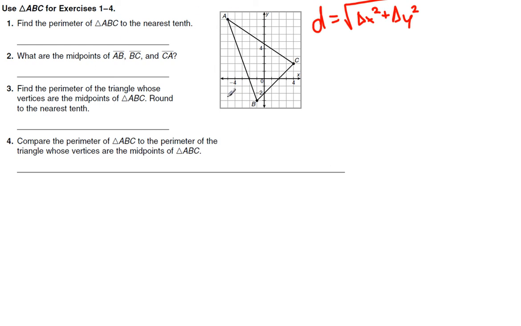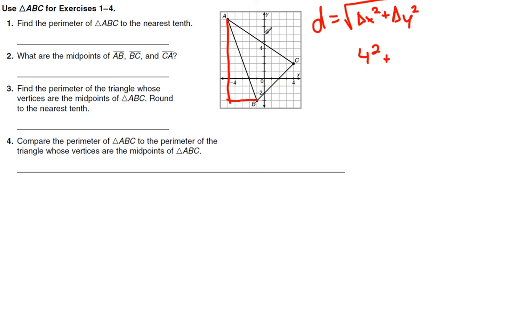So we look at the change in x, so it goes from here to there. So the change in x is 4. Very good. So we have 4 squared plus the change in y. It's a little bit more. 1, 2, 3, 4, 5, 6, 7, 8, 9, 10, 11.